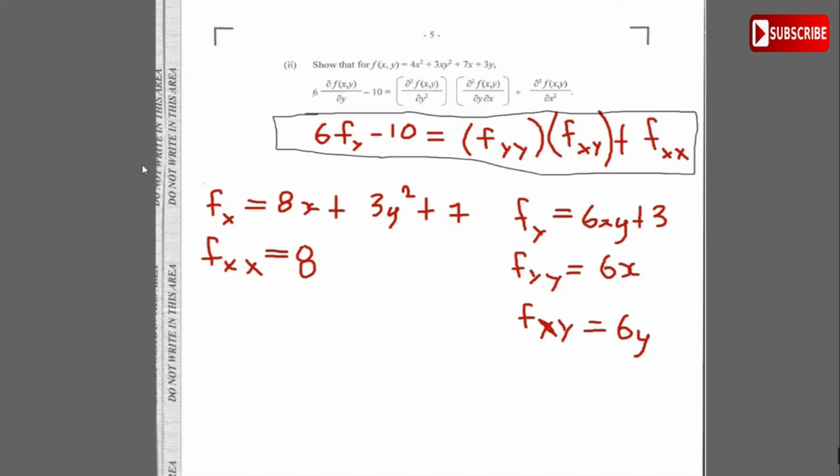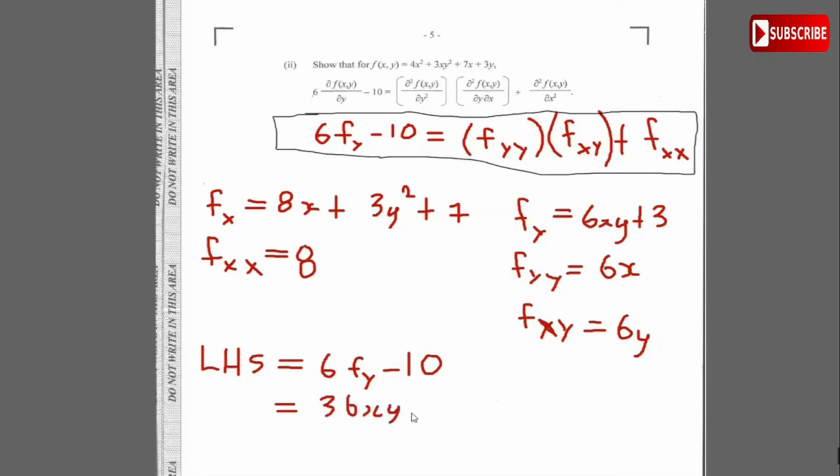So first thing I'm going to do is start out with my left-hand side, which is equal to 6fy minus 10. Let's work that out. 6 times fy is 6 times 6xy, which is 36xy.